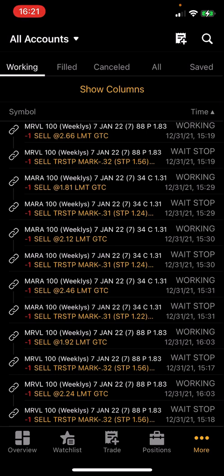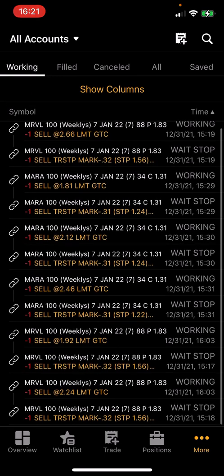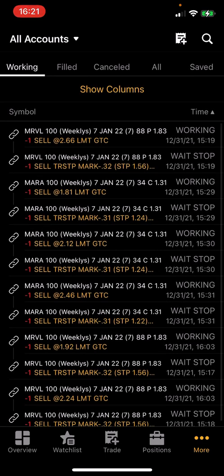So I set up another bunch of OCO orders, same trailing stop of 0.32, but it takes profit at 40, which is 2.24, and 60, which is 2.66 limit order. So same, trailing stops on each of them.